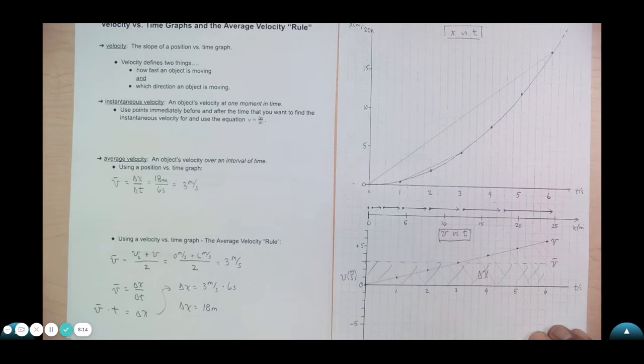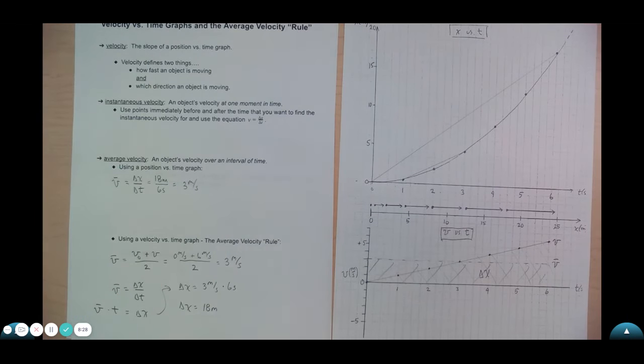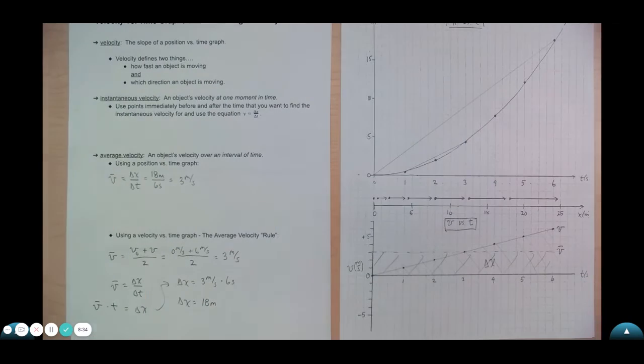You guys are probably pretty familiar with shapes. Imagine if I were to just chop off this part right here and flop it over, it would be the exact same area as this rectangle. So using the average velocity is going to give you the same thing as using the actual velocity when it comes to figuring out displacement, how far an object has gone. It's a neat way to relate them rather simply.